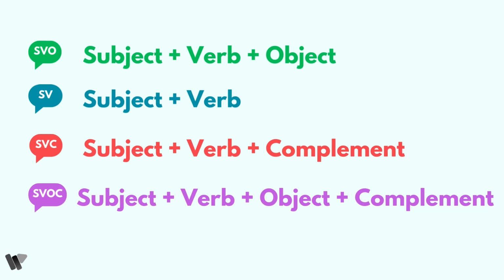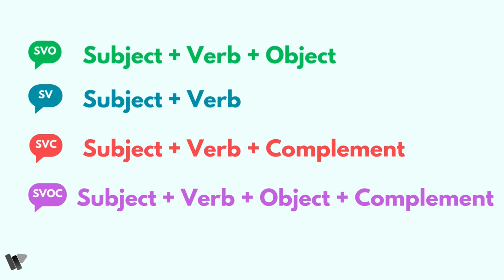In this video, we are going to use them to form four different examples for each new word related to everyday objects and items. The first example for each new word is the SVO sentence pattern, that is, subject plus verb plus object. The second is the subject verb pattern, which is called the SV pattern.